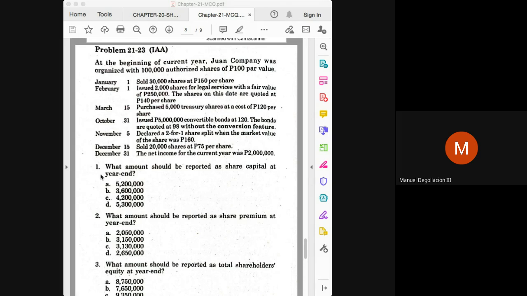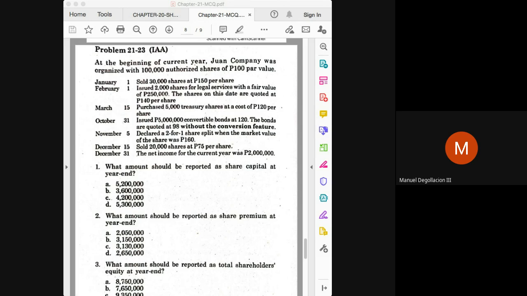Okay, so 20,000. If you notice, the issue price is 75 and the old par value is 100. As what I have told you, you cannot issue shares below their par value. But here it is not an issue because in December 15, your par value is no longer 100. As a result of the 2-for-1 split, the par value per share is now just 50. Okay.